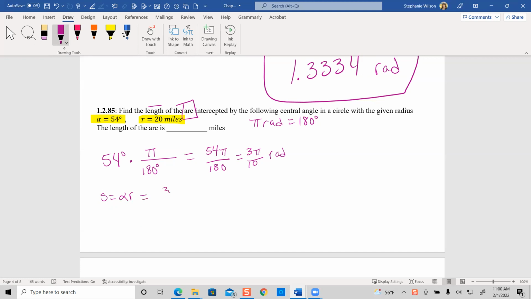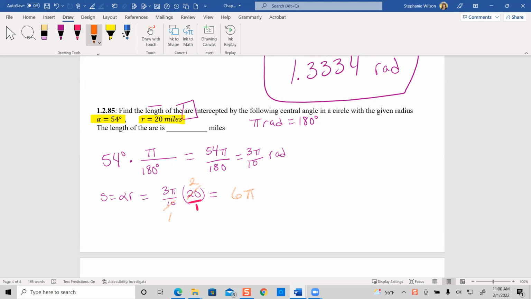Well, my alpha is 3 pi tenths and my radius is 20. So when I multiply or reduce, if you want to, guys, you can go ahead and put a 1 under that 20. And what do you see? You see that 10 goes into itself once, goes into 20 two times. What does that leave me with? 3 times 2, which is 6 pi.